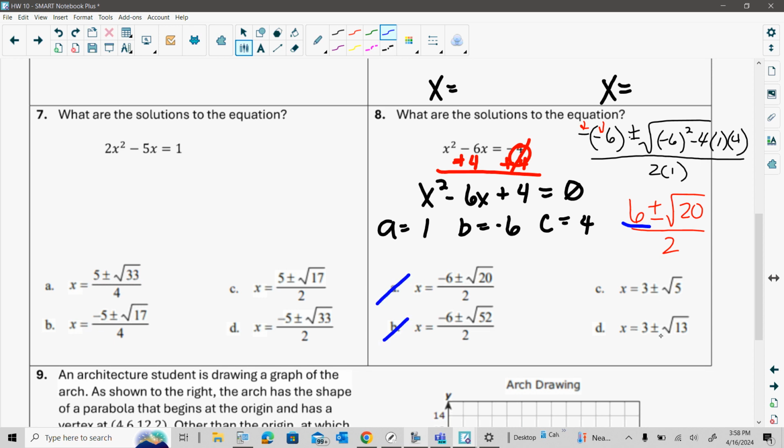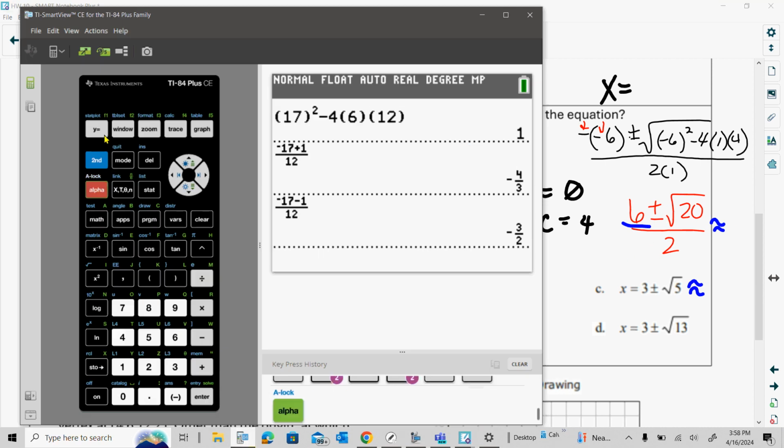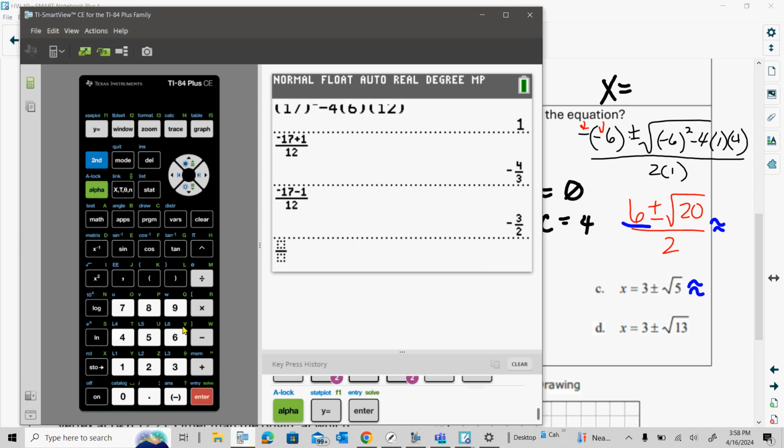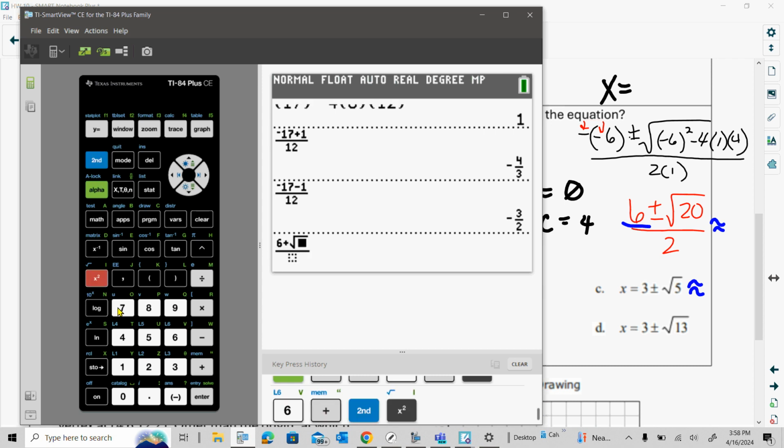So I need to check these. What I need to check is what decimal is this, so I can see if it matches. So let's just say I do the positive answer first. So if I was in my calculator, and I did alpha y equals, and I did 6 plus the square root of 20 all over 2.